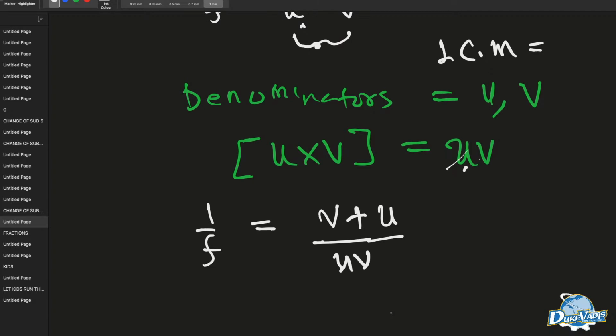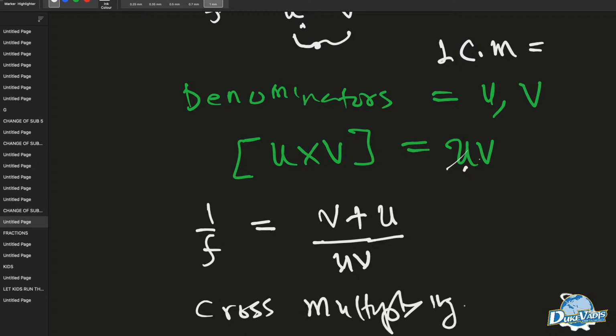And the next thing I will do is cross multiplying. As it goes by the name, I'm going to cross the f to this direction to multiply this, and then I will cross the u to multiply the 1.